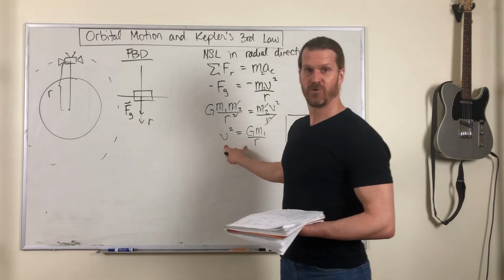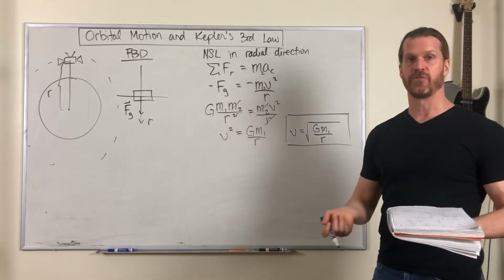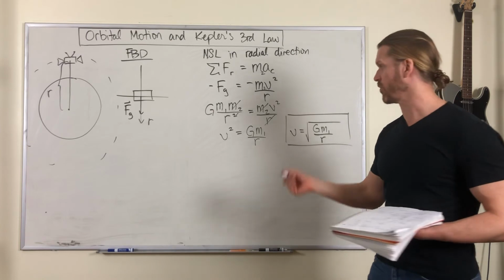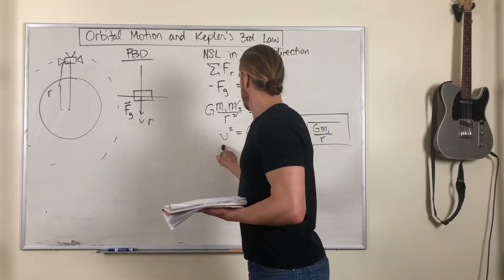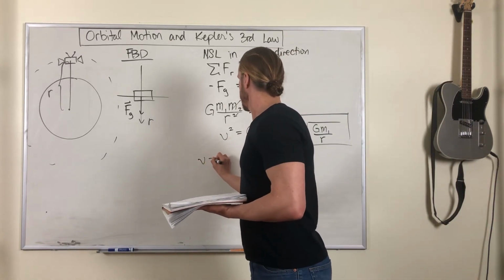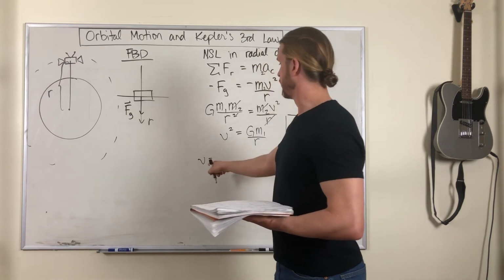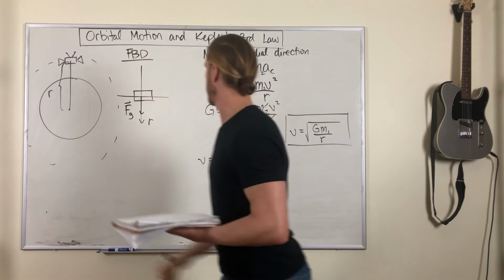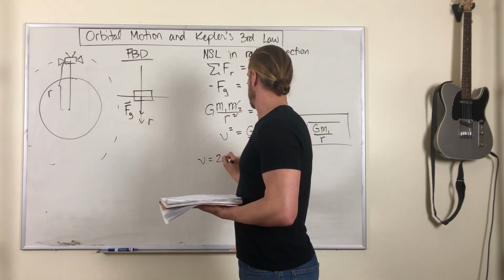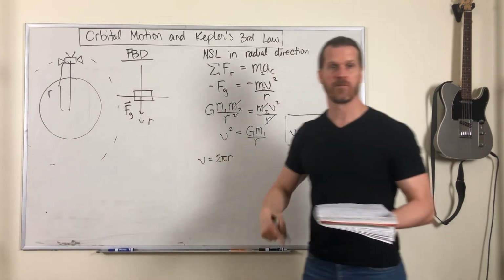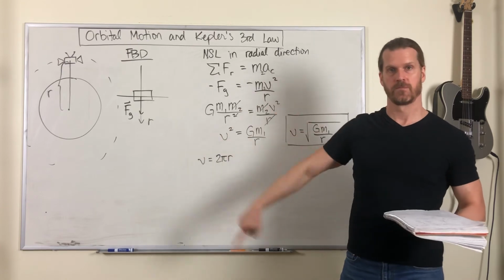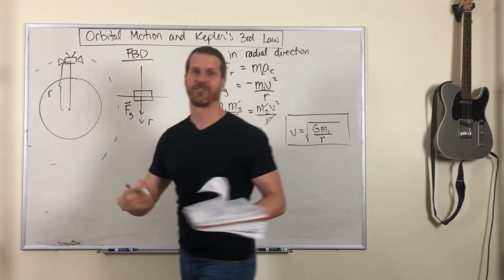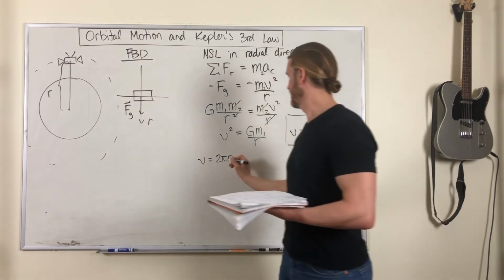Now we can keep going with this equation and relate it to the orbital period, the time it takes to complete one orbit. Because the speed is the distance traveled, the circumference of the circle of the orbit. If you go around the orbit one time, that's a circle of circumference 2 pi r.